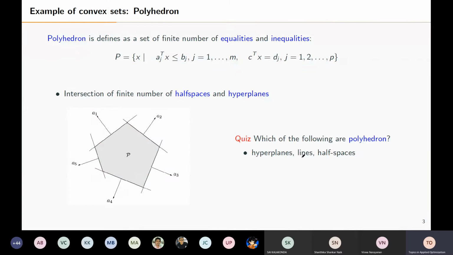Yeah, so the question is, which of the following are polyhedron? Are hyperplanes polyhedron? Yes, so that's the example that I gave before. And then lines are also okay because it could be the intersection of just the hyperplanes, right?